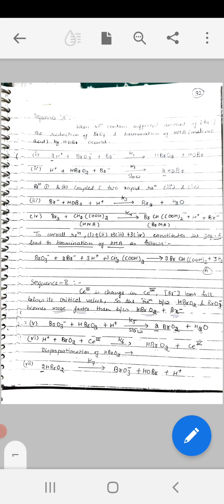Spatial means in space, in 3 dimensions. He determined that instead of cerium 3, weak reductants like manganese and iron 3 can also be used.